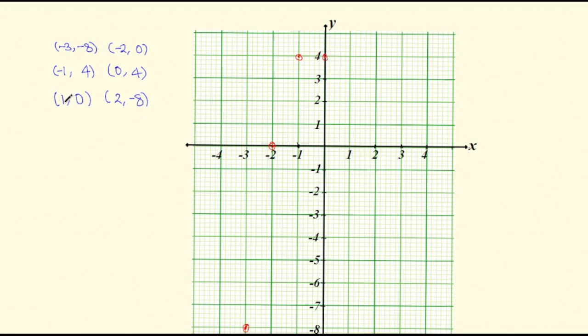Then next is 1 and 0. So 1 and 0 is exactly at the x-axis too, and that is another good news for us. Finally, 2 and -8. 2 is here, and the -8 is just somewhere down here. And then we come up with something like this.